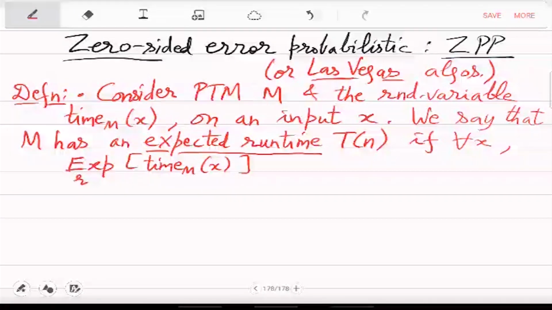Okay, the expectation of this time complexity, or in fact number of steps, is T of size of x.